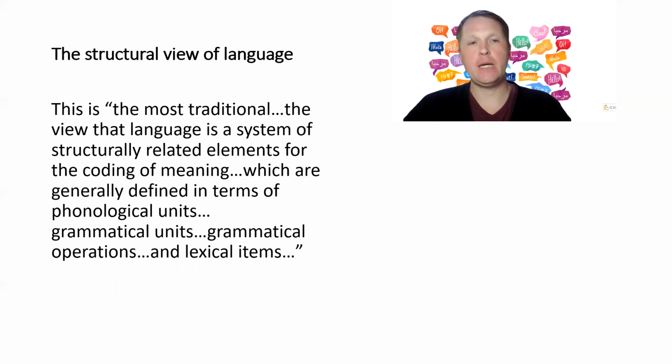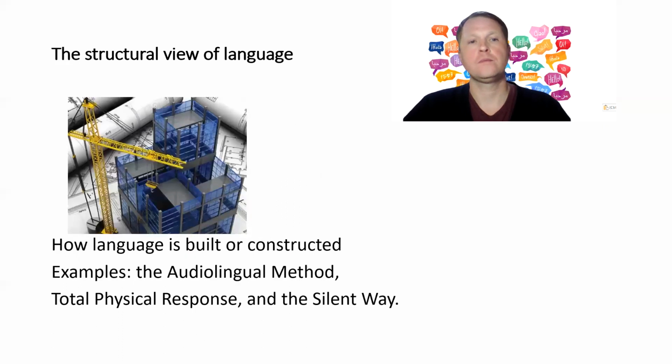It's the view that language is a system of related elements, basically being defined in terms of phonological units, grammatical units, and lexical items. It's how language is built or constructed. And examples of methods based on this view would include the audiolingual method, total physical response, and the silent way.